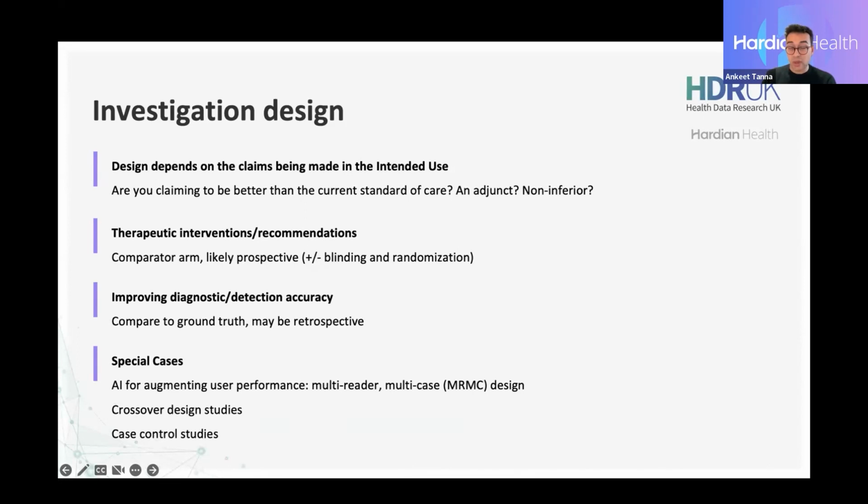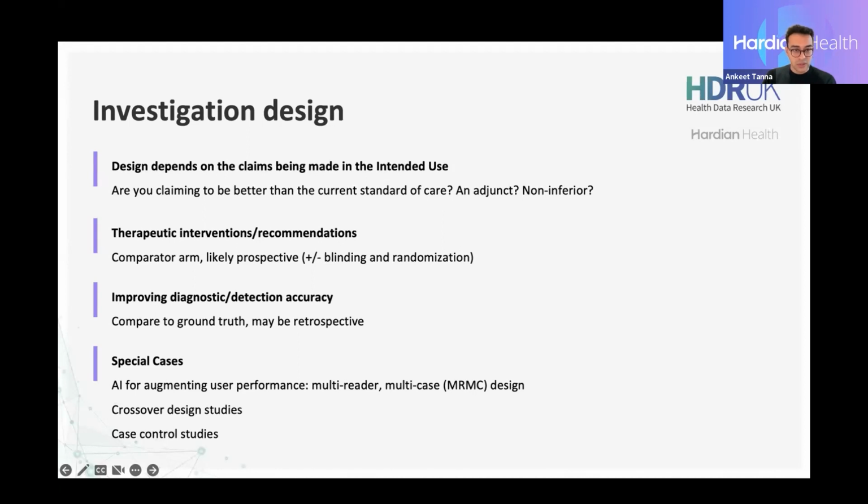And because of that, it's likely needed to be prospective with blinding and randomization, depending on what the current standards are, as you've unearthed in your literature review. And if that's the case, and it's for an investigational device or investigational software which you intend to market as a medical device, then all the things we just discussed about needing HRA research ethics approval and MHRA investigational device exemptions all apply.